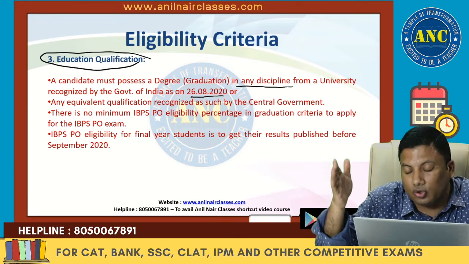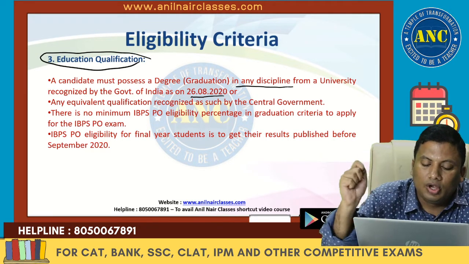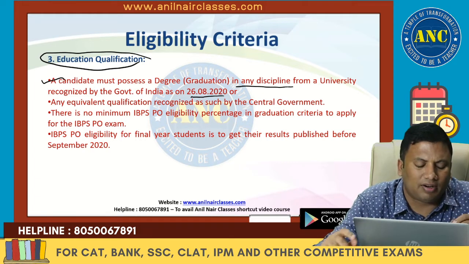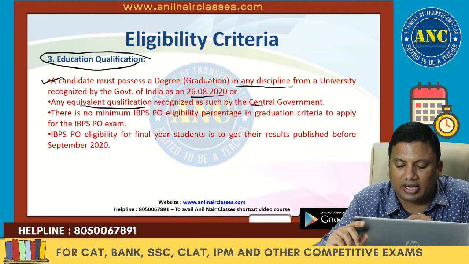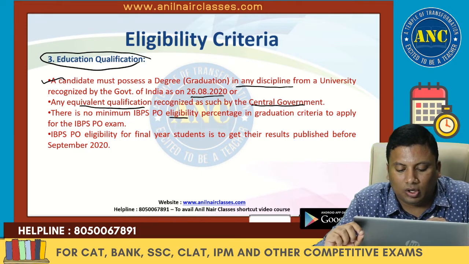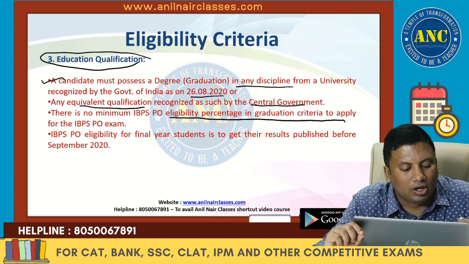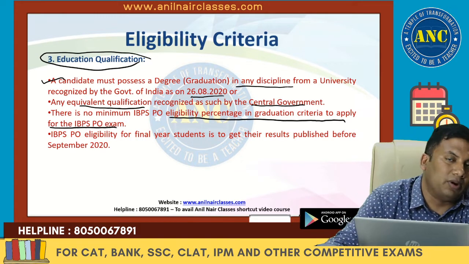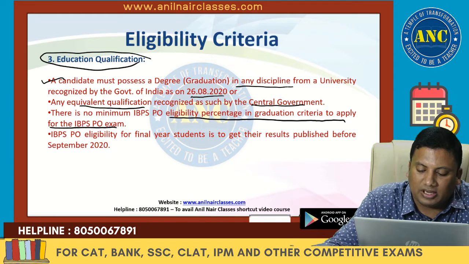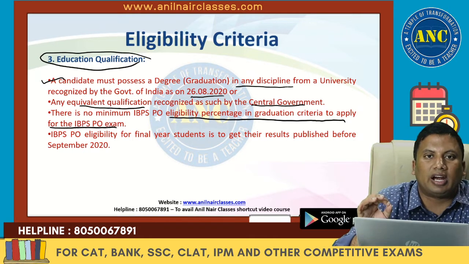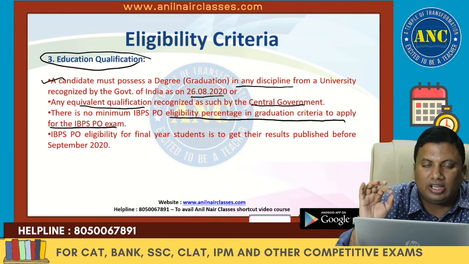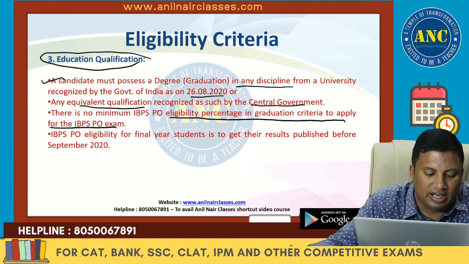Or any equivalent qualification recognized by the central government. And please remember, there is no percentage cutoff to apply for the IBPS PO examination based upon your marks. The only criteria is that till 26th August 2020, you should have a graduation degree with you.